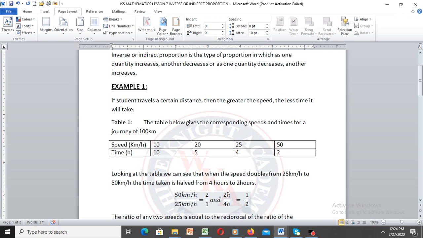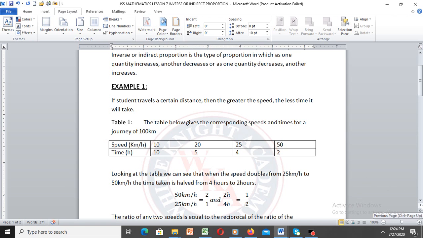Then 2 hours over 4 hours is 1 over 2. So the time is reduced from 4 hours to 2 hours, and the speed is increased from 25 to 50 kilometers per hour.